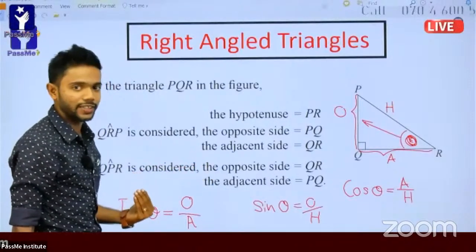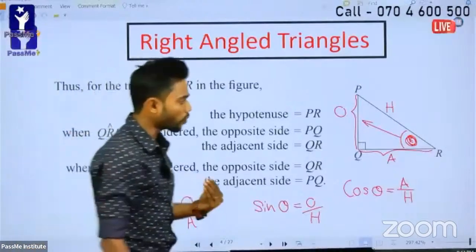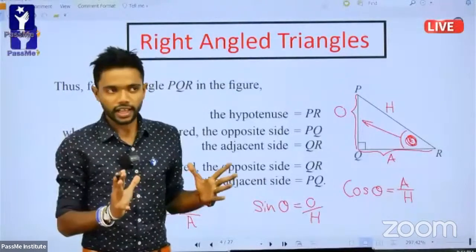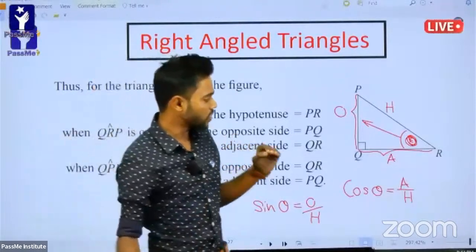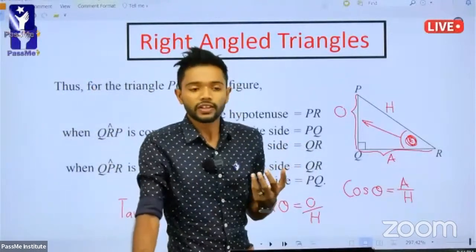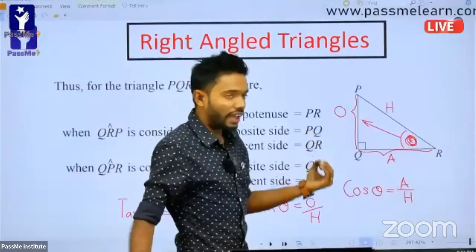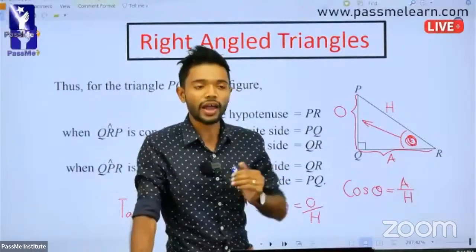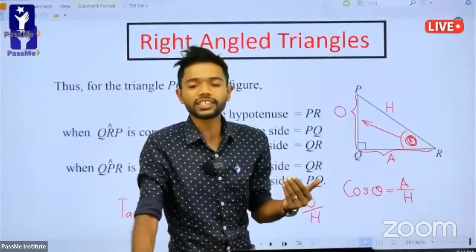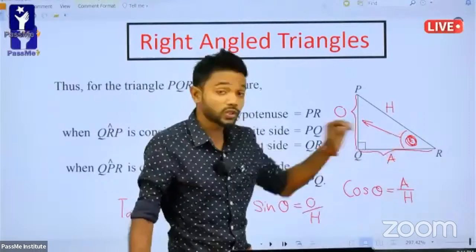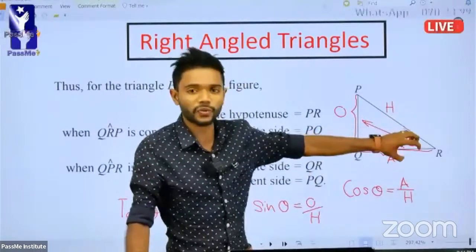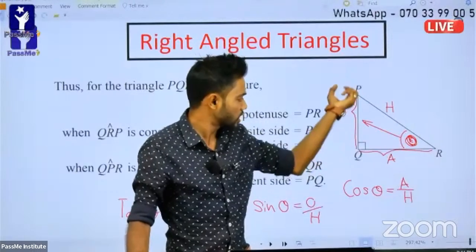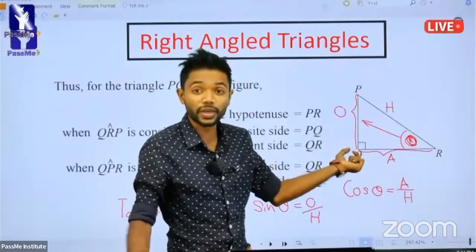So it is better to know which kind of data you know. At the exam, the first thing is to check whether the triangle is right angle or not. If that is okay, then you have to think about what data you know, and also which angle you are referring to. This is the angle I am referring to now, so in front of this one is the opposite side, PQ.